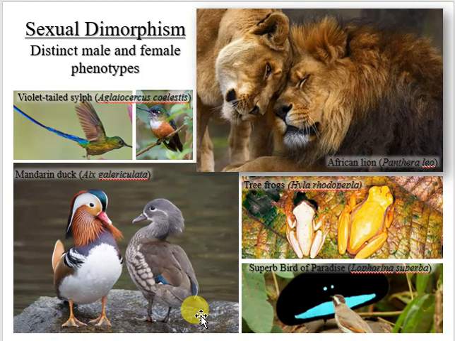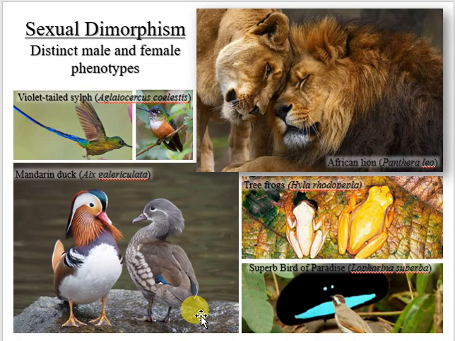Going back to size, in most cases when you have those differences in size existing between males and females, it's the male that's kind of the larger of the two. But there are numerous species where that is not the case.